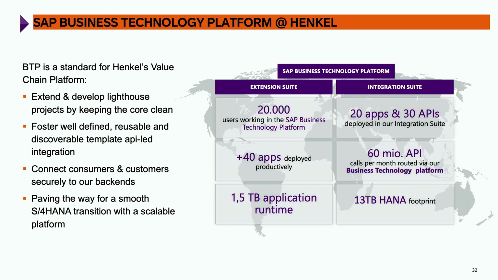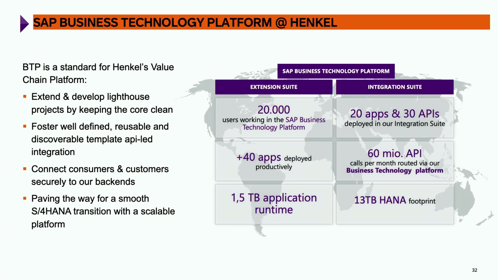So we have also Kyma in place, and overall our HANA Cloud footprint is around 30 terabytes, which is quite huge. And on the other side, we are using the Integration Suite heavily, with 60 million API calls routed per month to our Integration Suite.